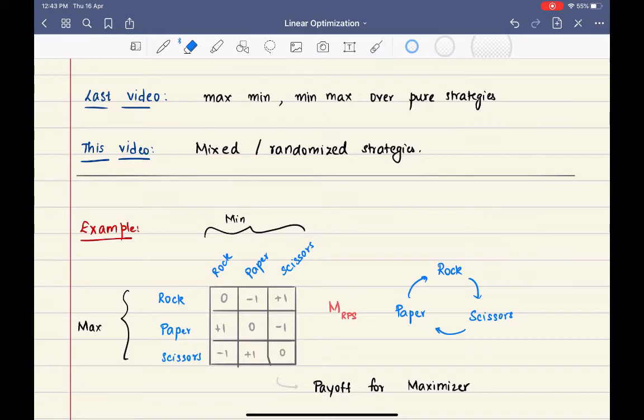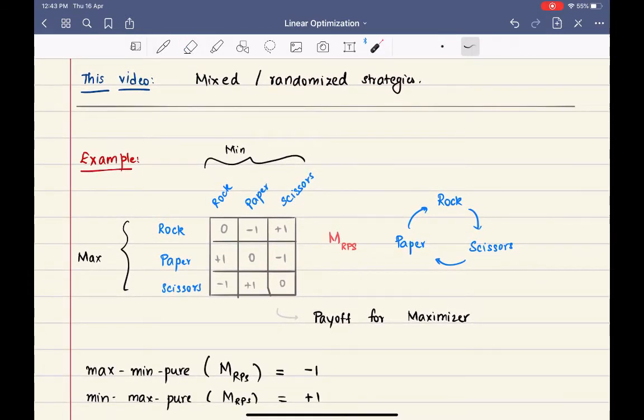Now here let's try to look at what are the max-min and min-max. So what is the max-min over pure strategies? If max chooses rock, then min can choose paper. If max chooses paper, min can choose scissors, and if max chooses scissors, min can choose rock.